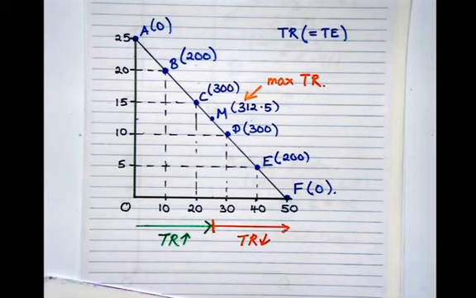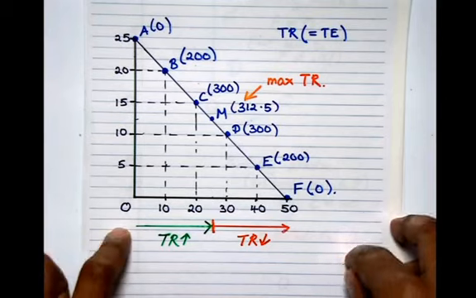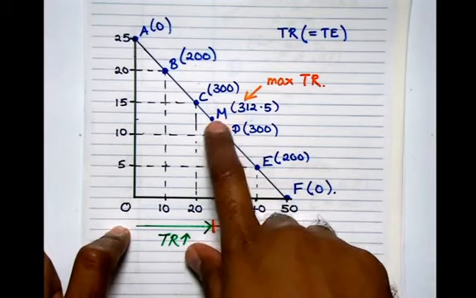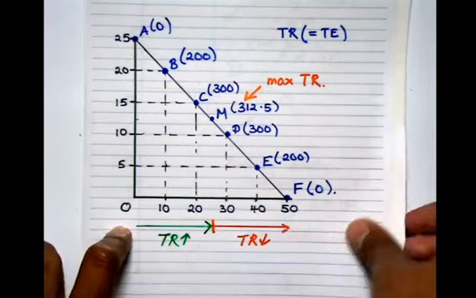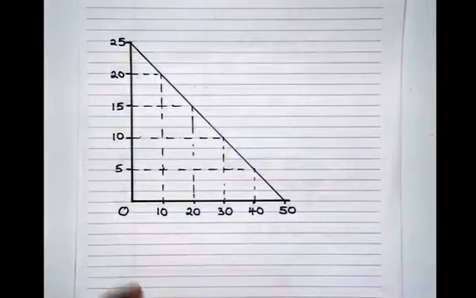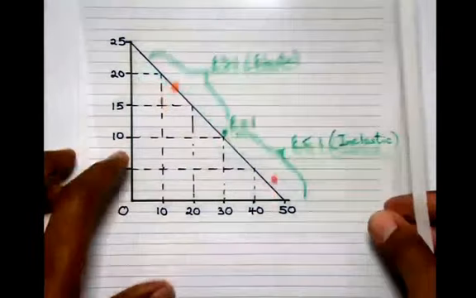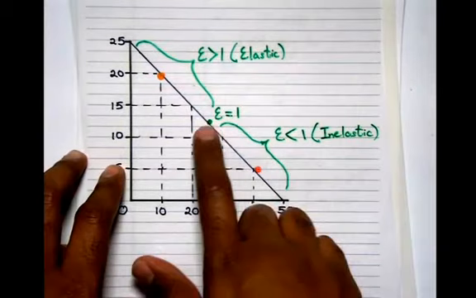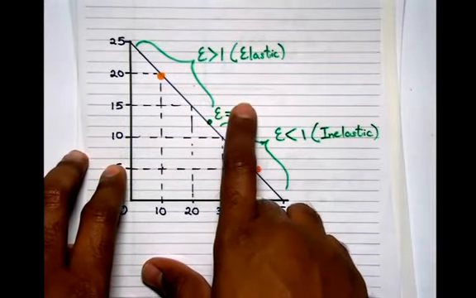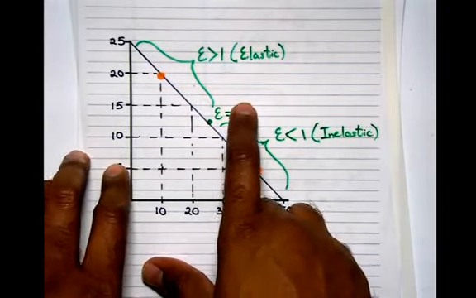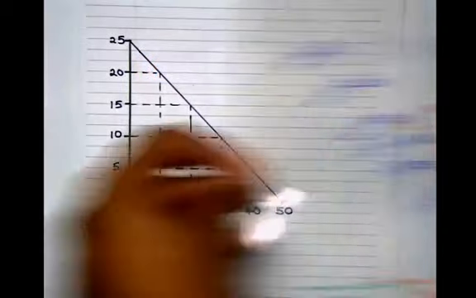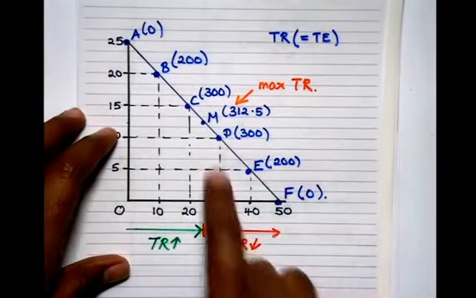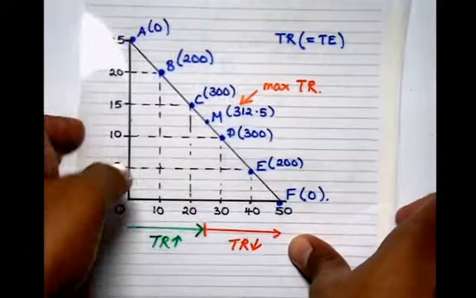Wow. So, there are a few special things about the middle. That's where we have the biggest total revenue. That's where we have elasticity equaling 1. In the middle, elasticity equals 1, and in the middle, revenue is maximized.